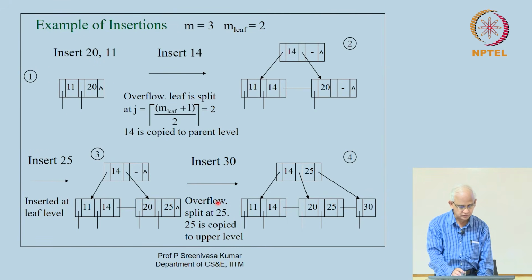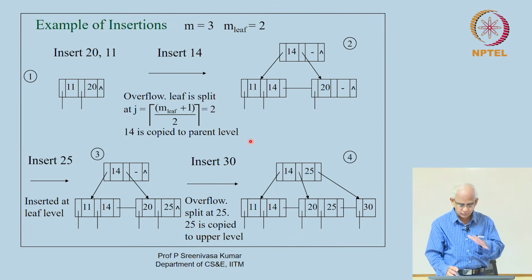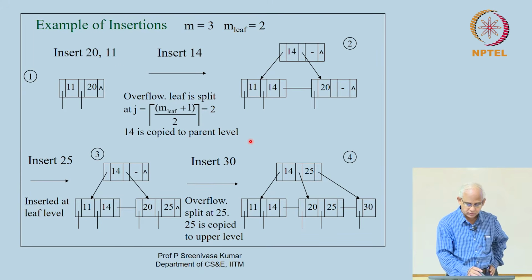Okay, here is a series of these insertions. This is a bit of a complex slide. It has 4 pictures on it, so follow it carefully. The pictures are numbered 1, 2, 3, 4.